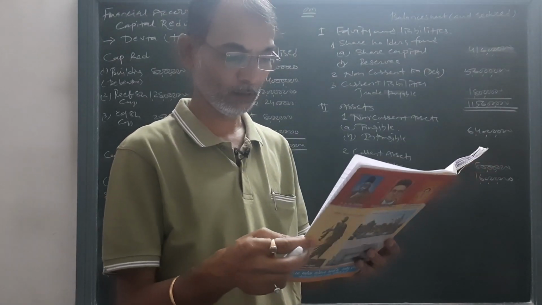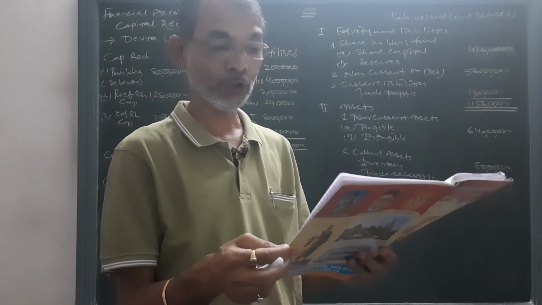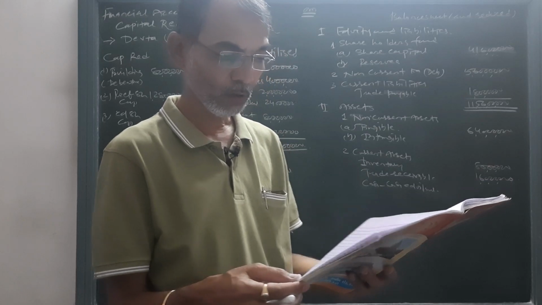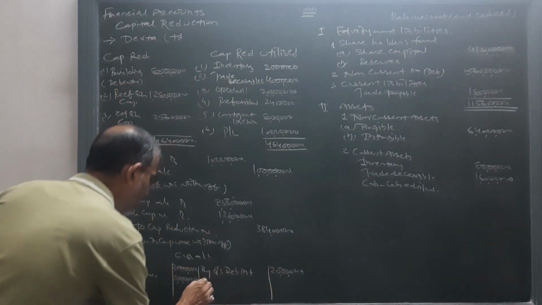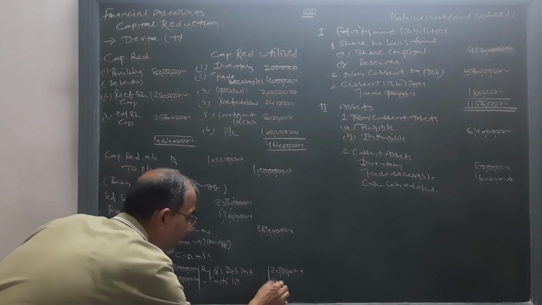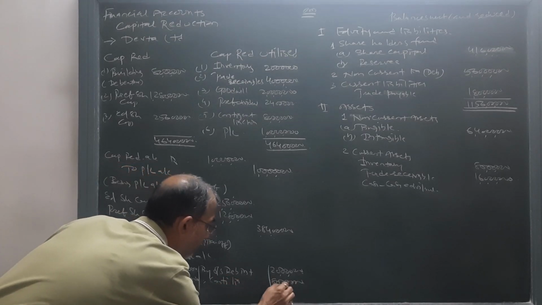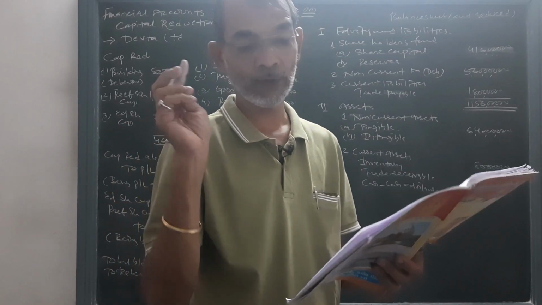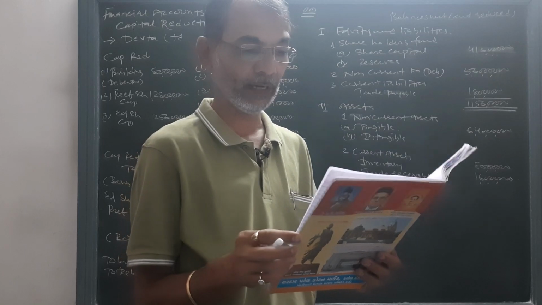It was paid contingent liability, and that was 80 lakh. By contingent liability 80 lakh. These are the points where you should be very careful.